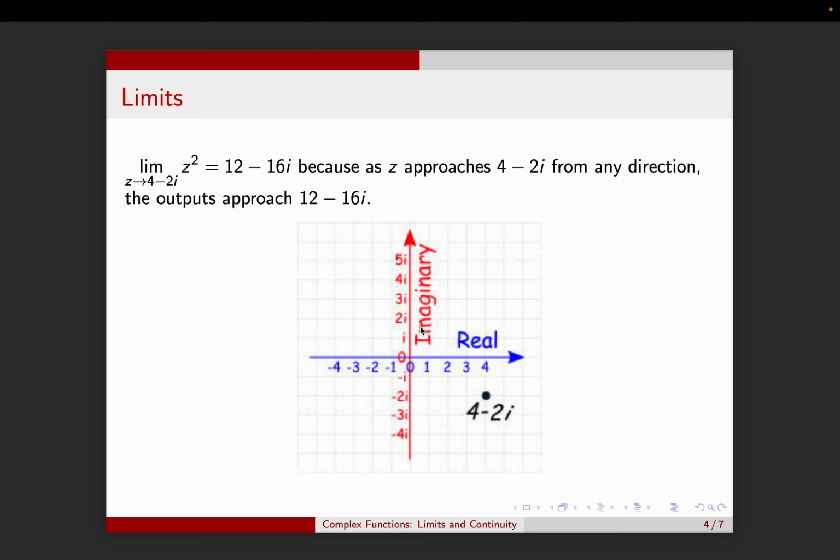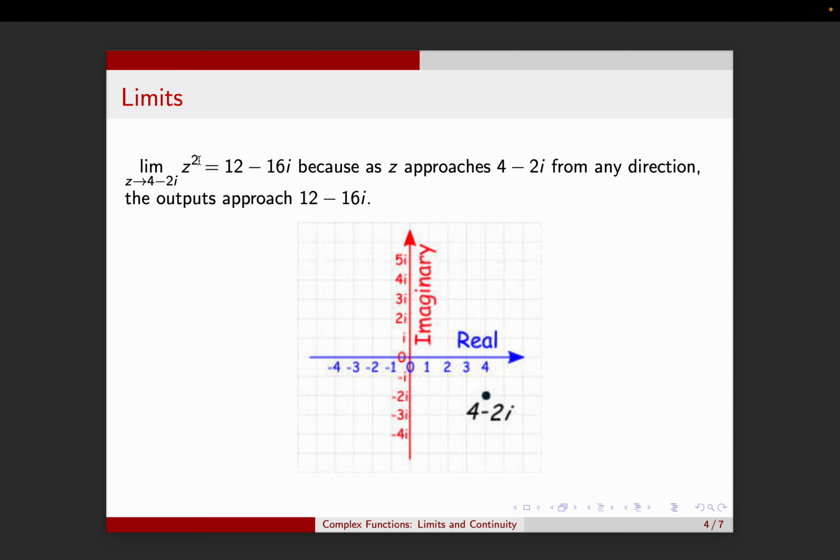You can come in from the northwest. You can spiral your way into 4 minus 2i. There are many ways you can walk towards 4 minus 2i. And what this limit statement is asserting is that, well, no matter how you walk towards 4 minus 2i, the outputs will get close to 12 minus 16i, which notice is the same thing as 4 minus 2i quantity squared.